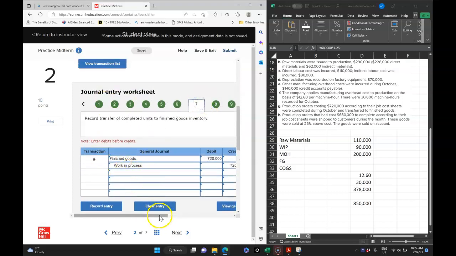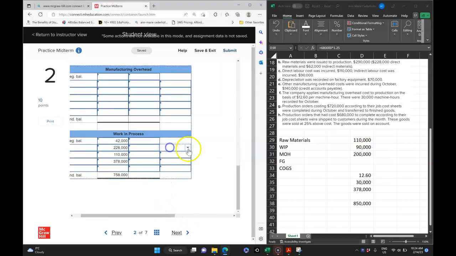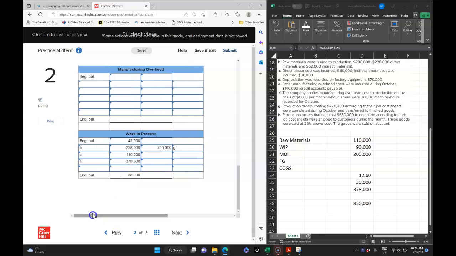And a credit to work in process for G, 720. And that was it for my work in process. So my ending balance is 38,000.